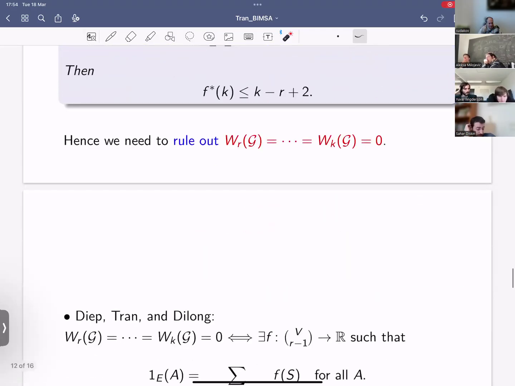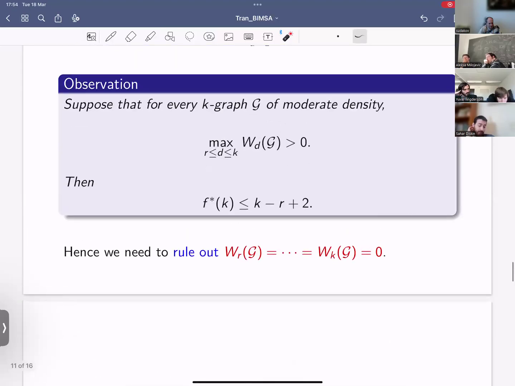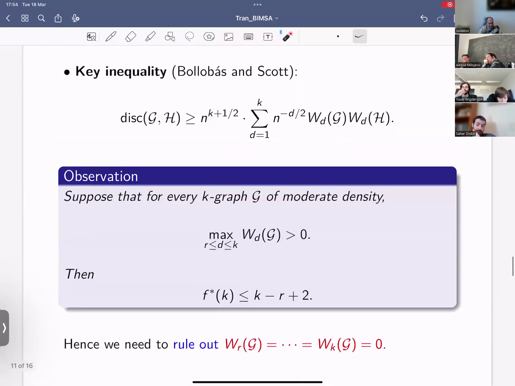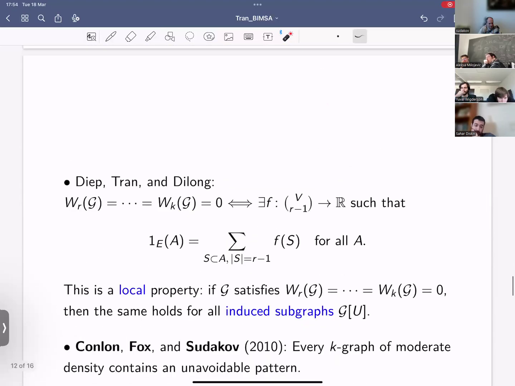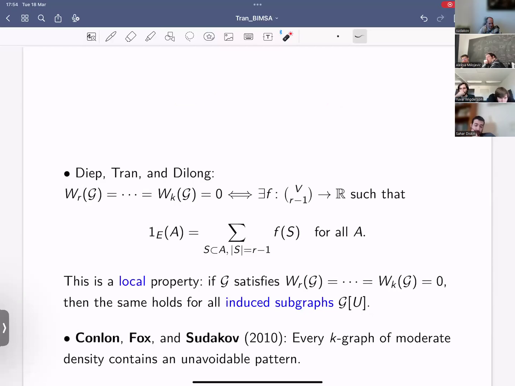So this is kind of just forward from the Bollobás and Scott inequality. And we make these crucial observations. Actually, we can characterize this condition. We have an algebraic criterion for it.